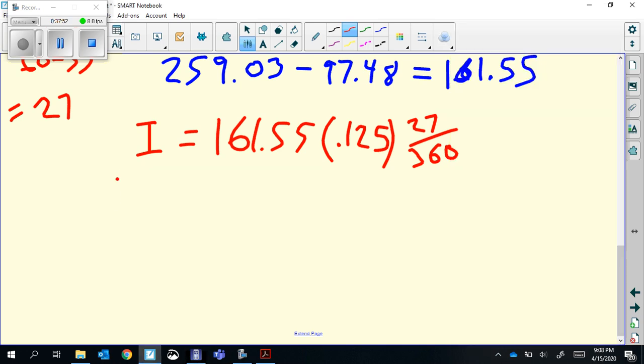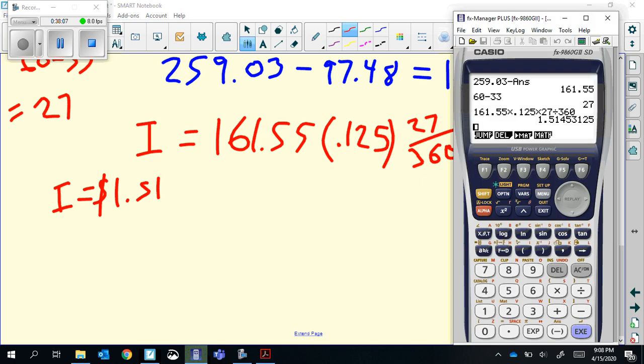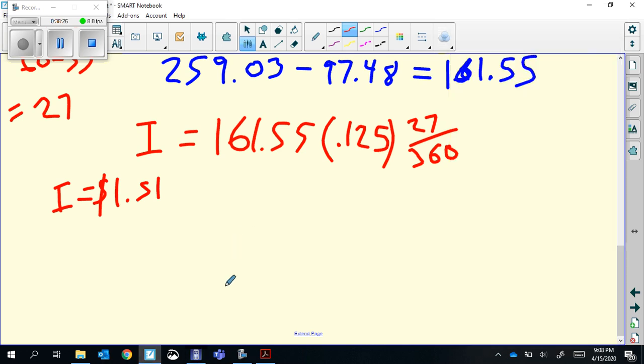So $1.51 will be interest, plus the principal, which is the $161.55. $161.55 plus $1.51, which means the total payment that needs to be made is $163.06.